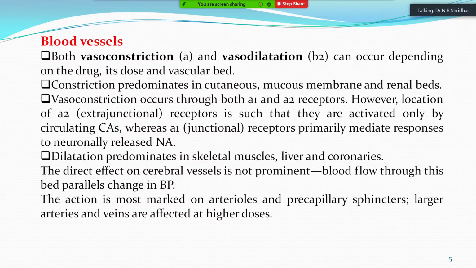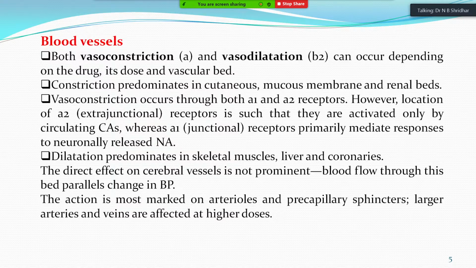It is complicated, because in some places the constriction is dominant, whereas in others the vasodilatation is dominant. Constriction predominates in cutaneous and mucous membranes and renal beds.